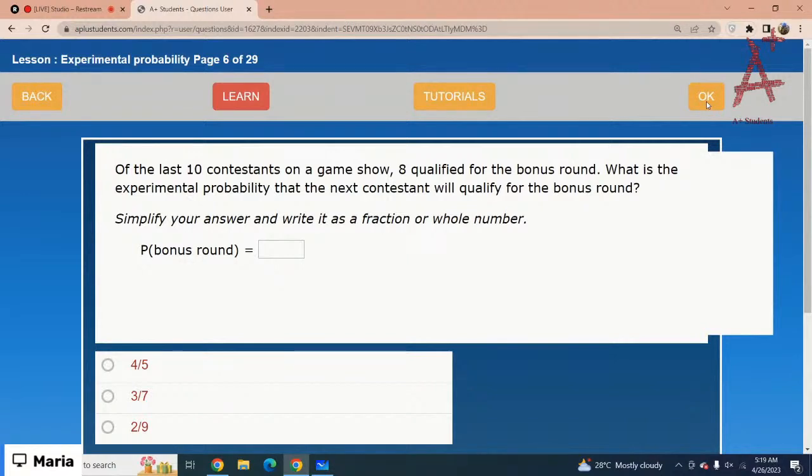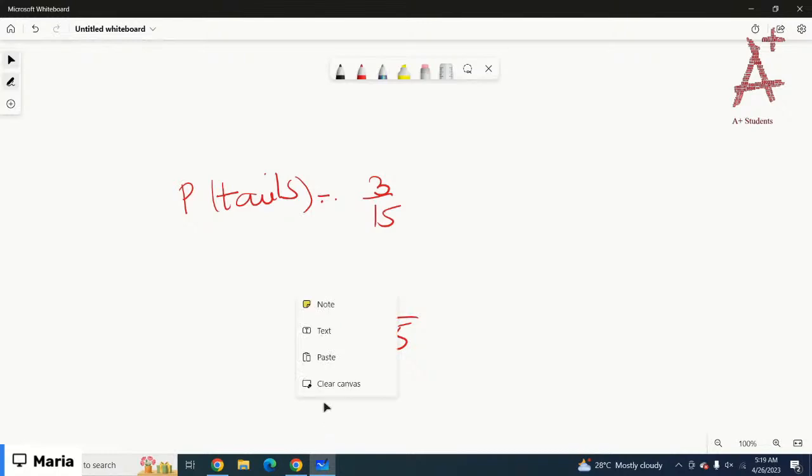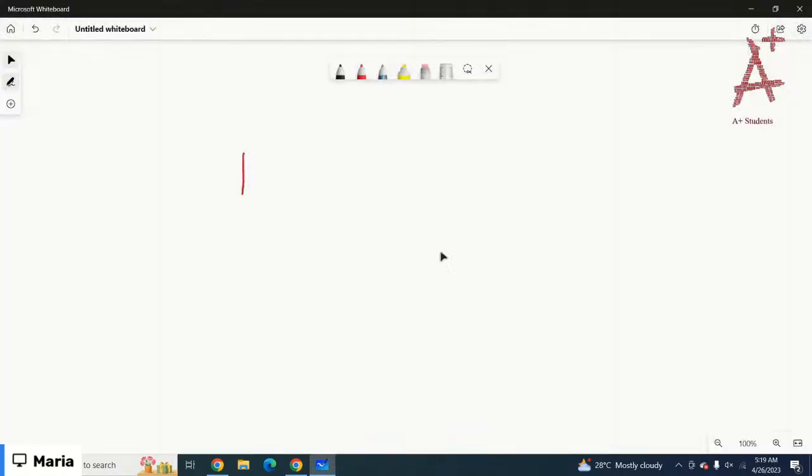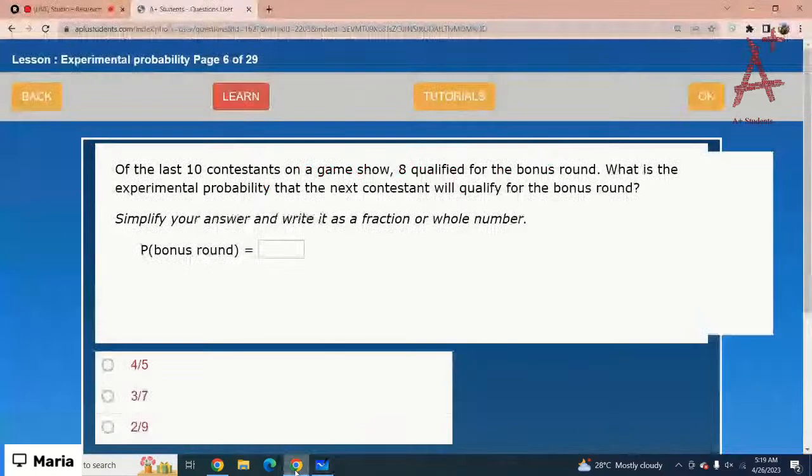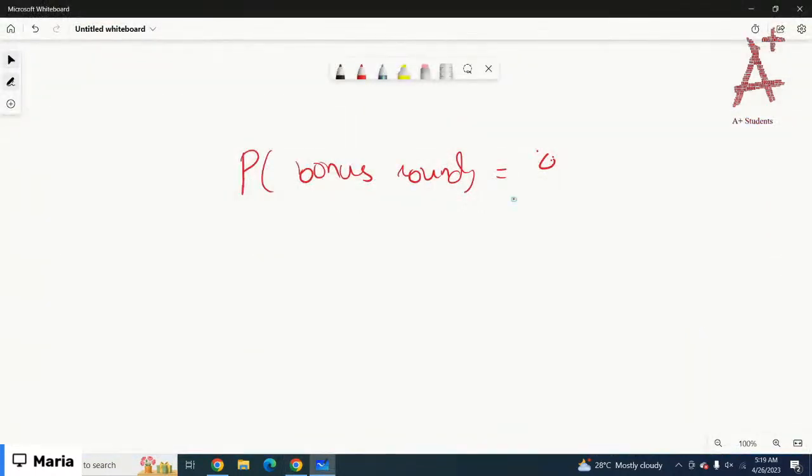The probability for the bonus round is 8 out of 10 contestants. Got it? So 2 times 5 is 10 and 2 times 4 is 8. Sorry, 2 times 4 is 8 and 2 times 5 is 10. It would be 4 over 5. So the correct option is 4 over 5.